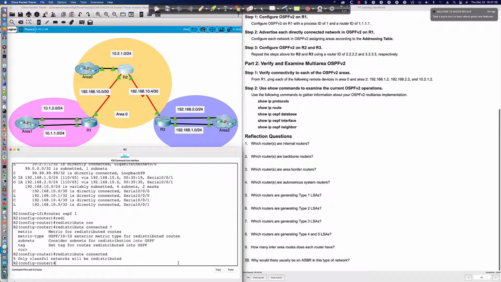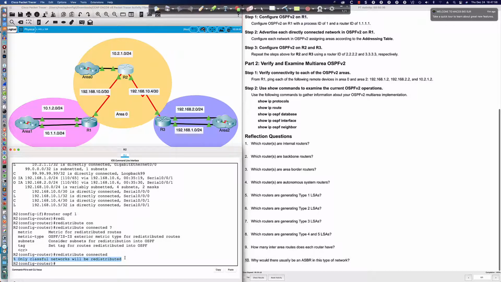And that's the message you're going to get on older IOSs. Now, this is a 15.1-ish simulator here. And so when you see this message, only classful networks will be redistributed. What that means is that networks that OSPF will redistribute must align along their classful boundary in terms of subnet mask.